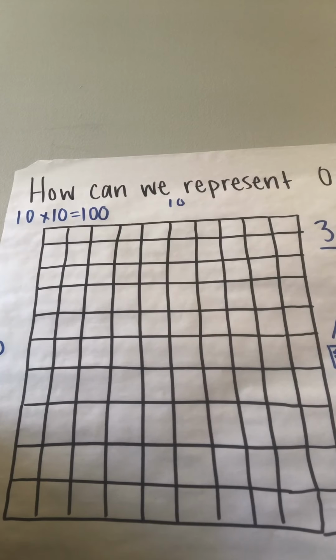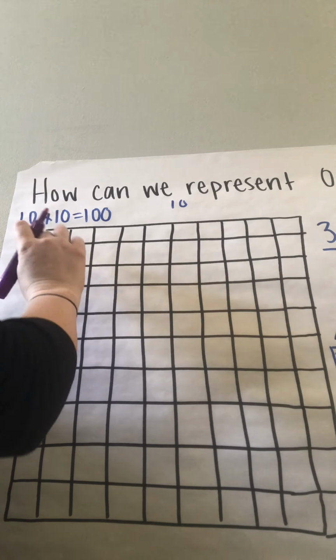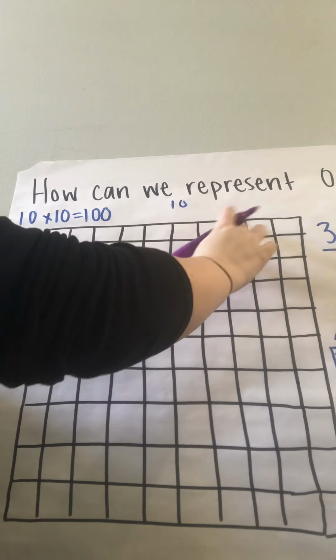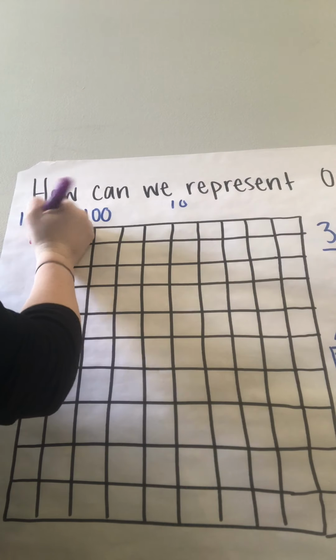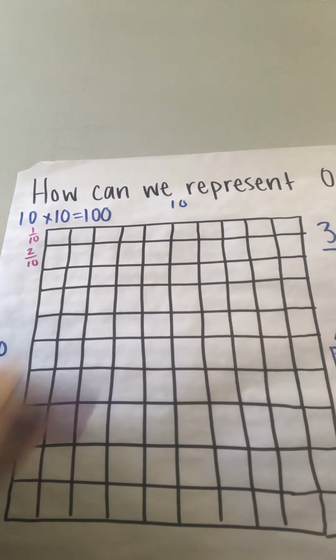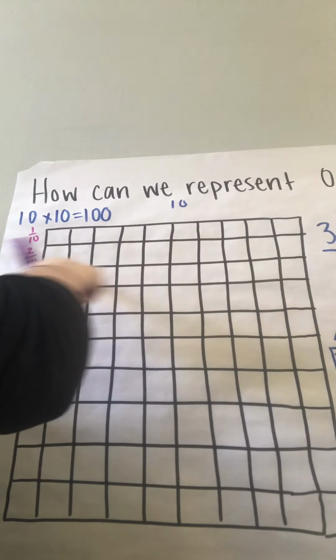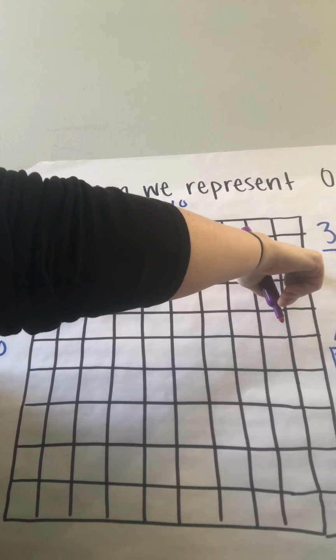Let me think. I know 10 times 10 is the 100 squares that I saw on my grid. And I'm starting to think that 1/10 of 100 is 10 squares. 1, 2, 3, 4, 5, 6, 7, 8, 9, 10. That would be 1/10 of 100. And then 20 squares seems like 2/10, and 3/10 would be 30 squares.